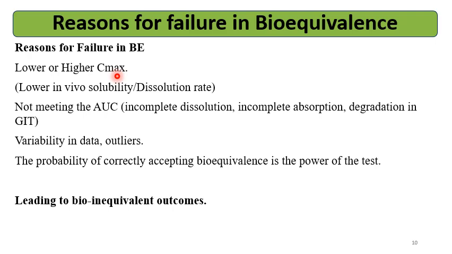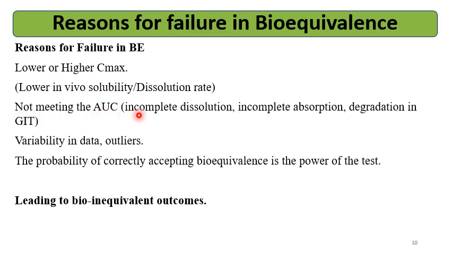So why does this Cmax change? Because of lower or higher in vivo solubility or dissolution rate of the formulation compared to the reference product, and then not meeting the AUC. When there is a problem of not meeting the AUC, that means the total extent is less.